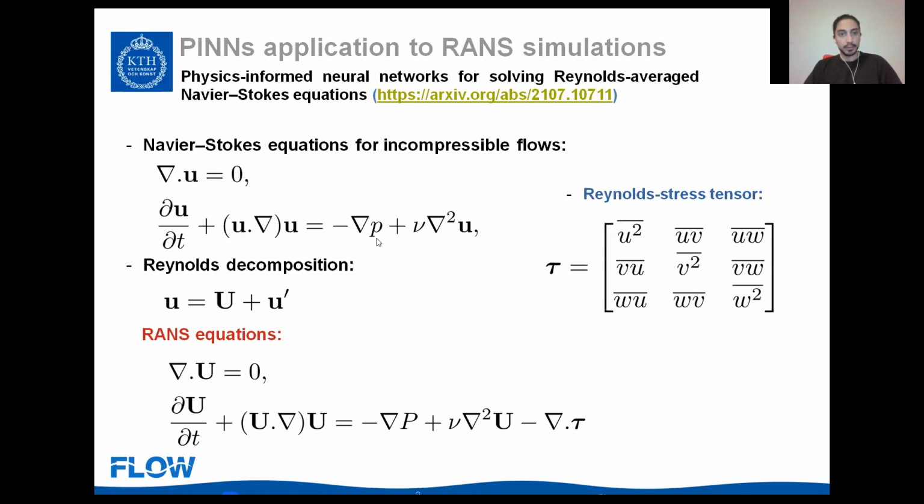So we have the Navier-Stokes equations for incompressible flows. So the continuity equation and momentum equations. This pressure is normalized with the constant density.